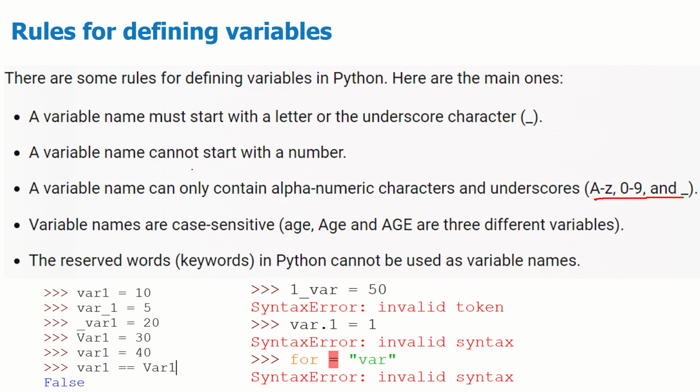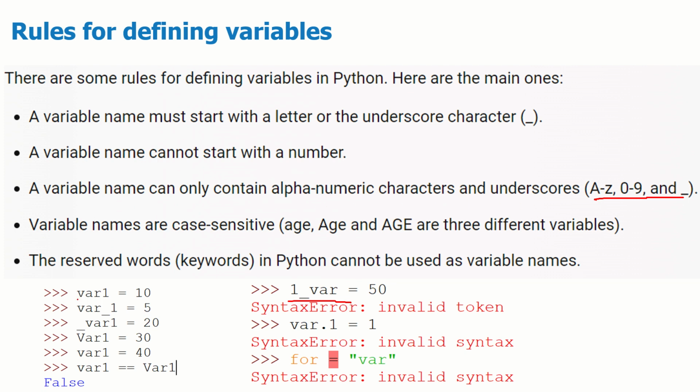A variable cannot start with a number. Like here, if you see, this starts with a number and it is showing a syntax error, invalid token. So this is not the correct way of defining. A variable name can only contain alphanumeric characters as I explained.